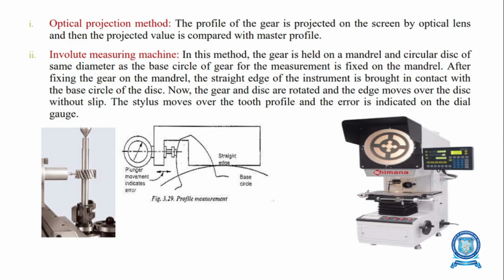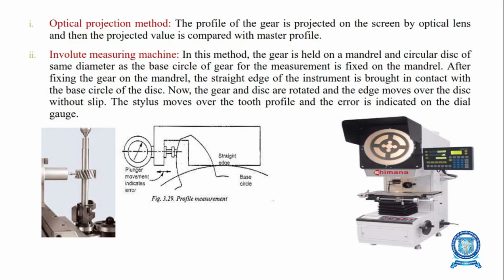In the profile projector, we can do profile checking of a screw thread, gear or anything else. With its help, we can perform profile measurement and find the error with the help of the master profile. We already have a master profile, which is compared with the projected value in the profile projector.